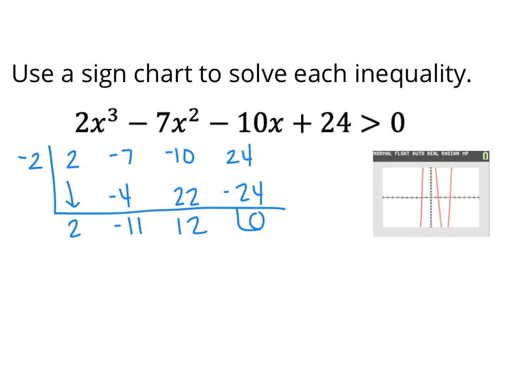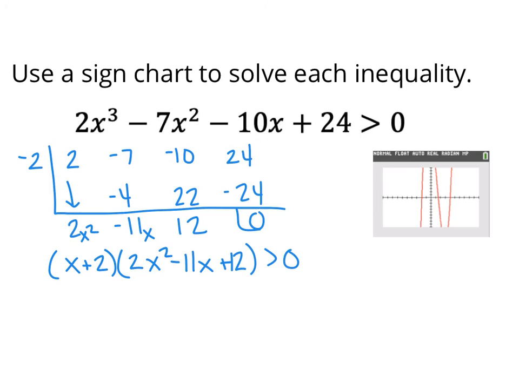So -2 is indeed a 0, and then that would give me x plus 2 as the corresponding factor times the depressed remaining polynomial, 2x squared minus 11x plus 12.